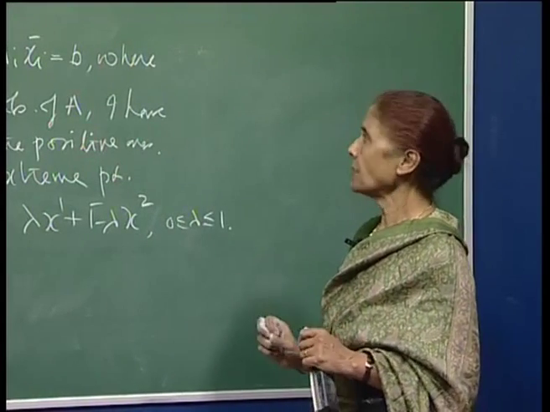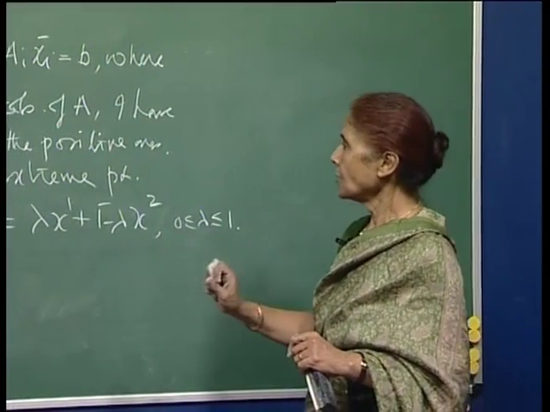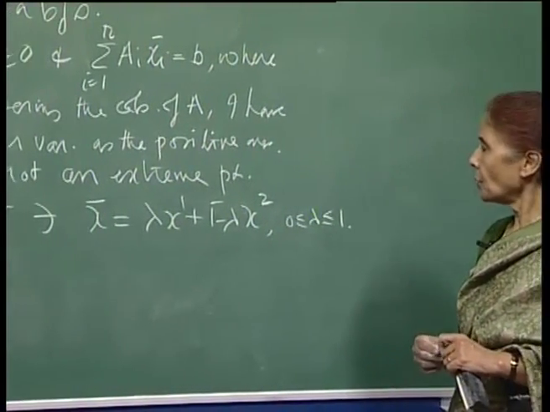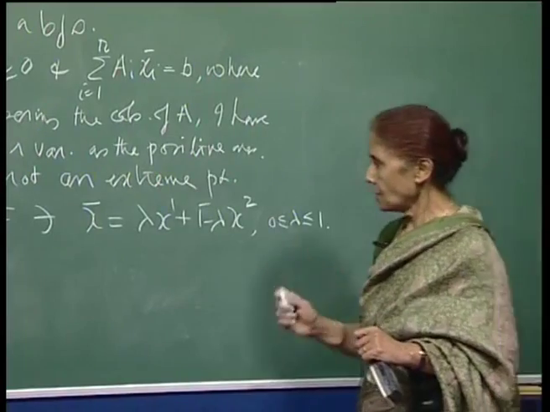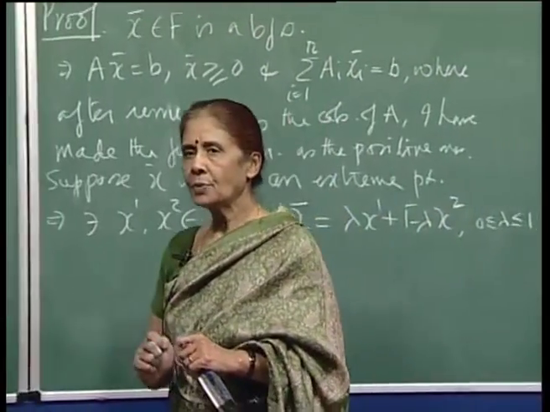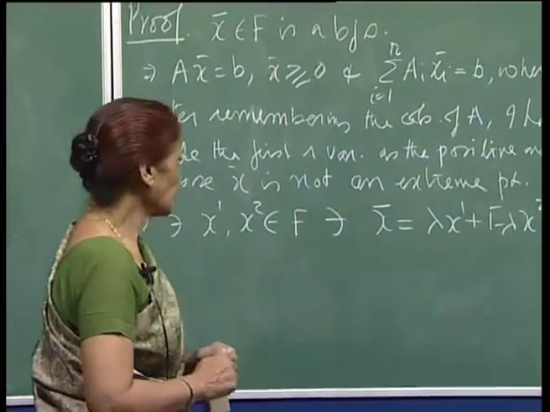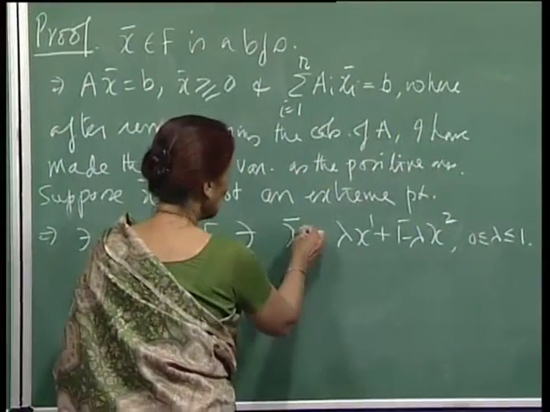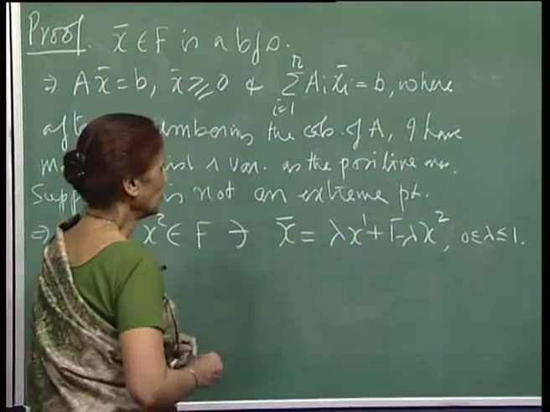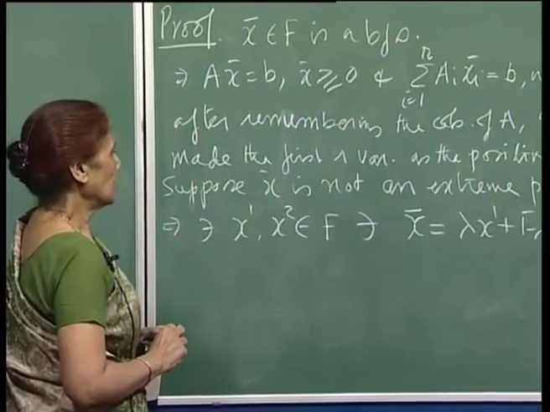So, I start with a basic feasible solution, then I am saying that suppose it is not an extreme point, then I must be able to find 2 points x1 and x2 in f such that x bar can be expressed as a convex combination of these 2 points, right. Fine.